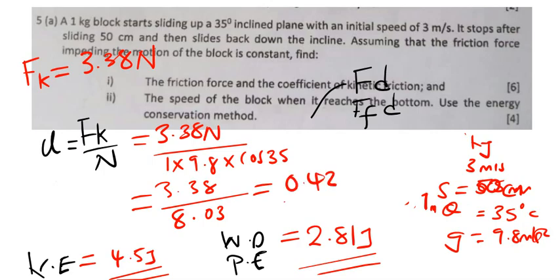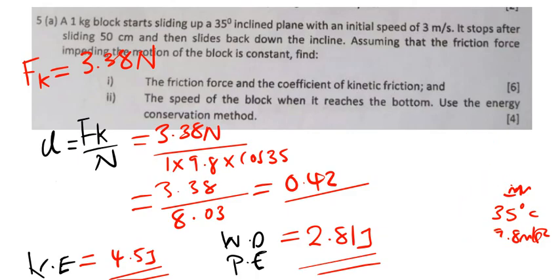So this will be the coefficient of kinetic friction for this question. Now that we found that, what is the second question asking us to find? We're told to find the speed of the block when it reaches the bottom, using the conservation of kinetic energy. So let's solve that one.